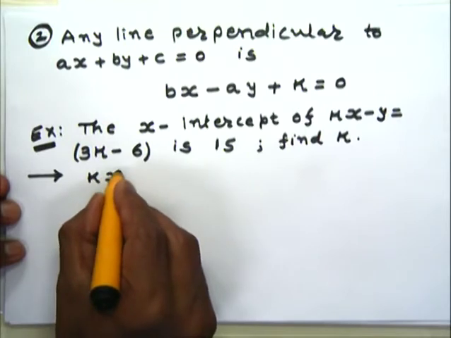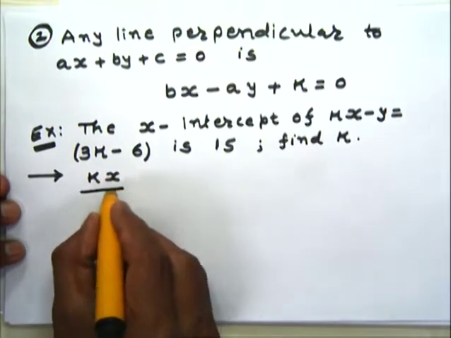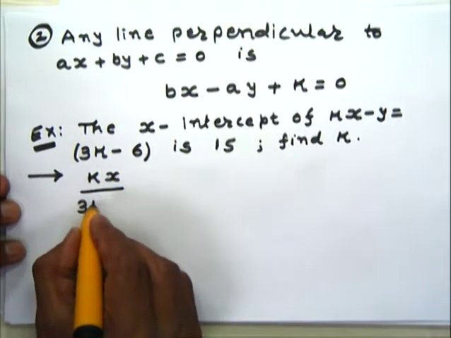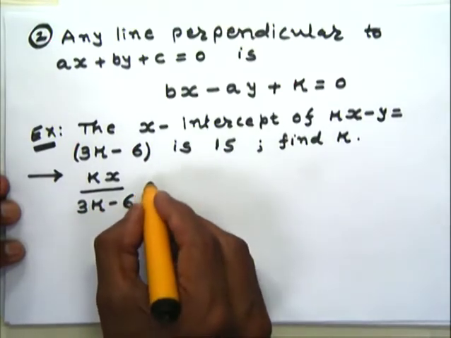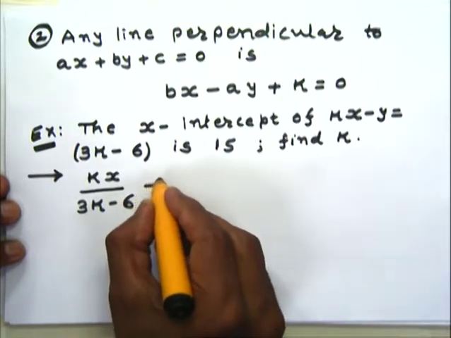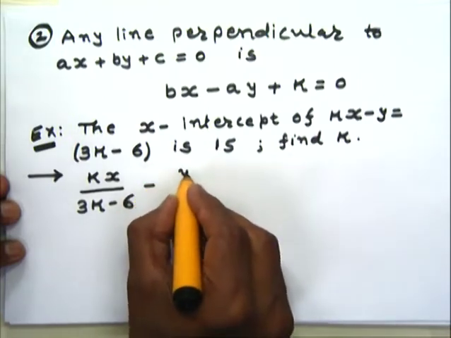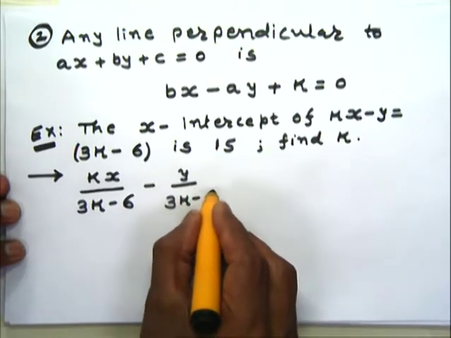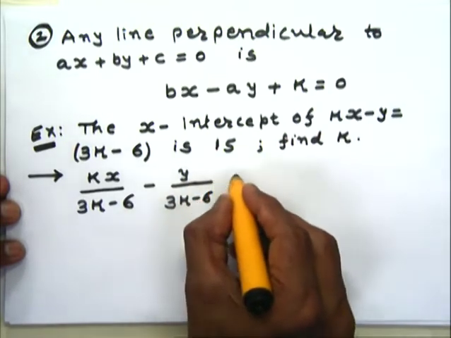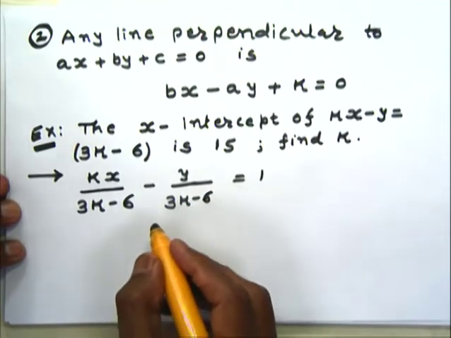I find that kx by 3k minus 6 minus y by 3k minus 6 in this way is 1.